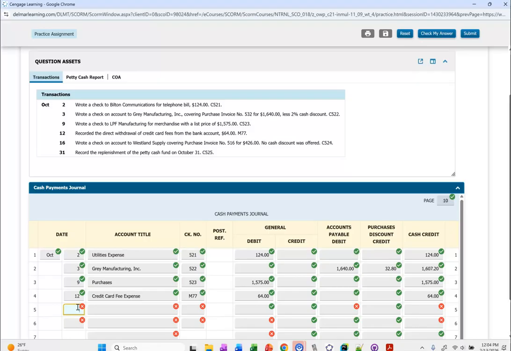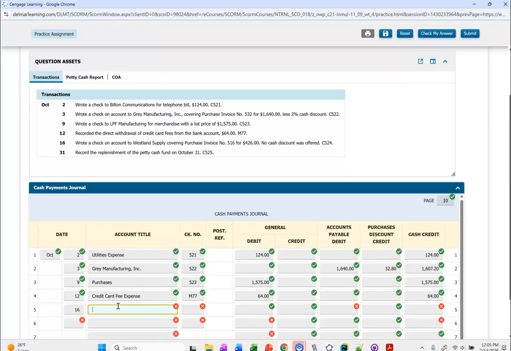Everybody ready for the next transaction? So on October 16th, we wrote a check to Westland Supply covering purchase invoice 516 for $426. No cash discount offered. We used check 524.